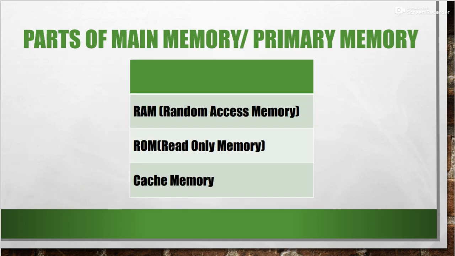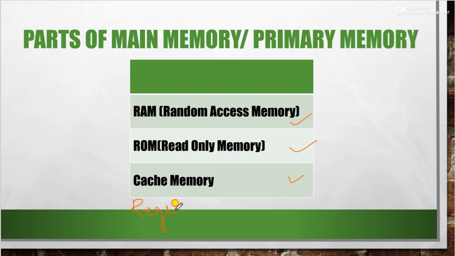Now after this, next we have the parts of main memory or primary memory. Okay, now when we talk about primary memory or main memory, generally it has 4 parts. Over here, as per your book, 3 parts are given. First is RAM, second is ROM, and third is cache memory. We generally use one more term which is called registers.